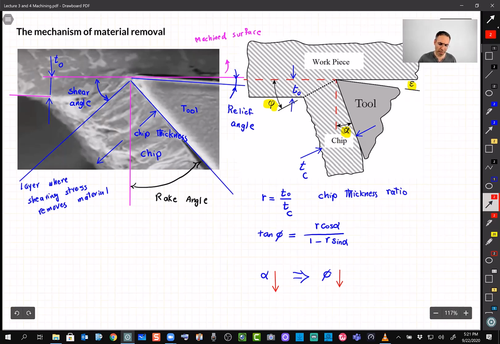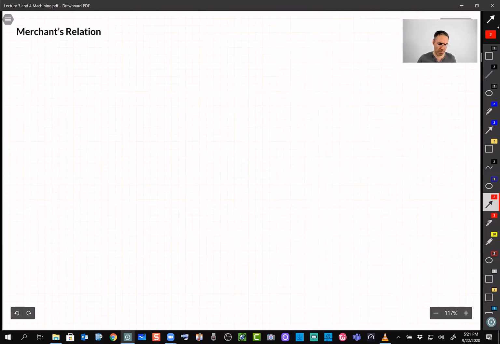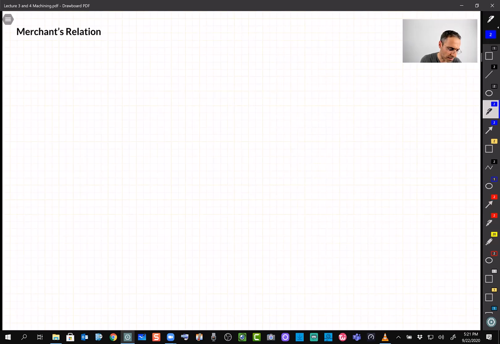Now, why is it important for us to find out how phi is changing? To answer that question, a guy named Merchant developed an equation, famous as Merchant's theory or Merchant's equation. It says that this angle phi in general is equal to 45 plus alpha divided by 2 minus beta divided by 2.